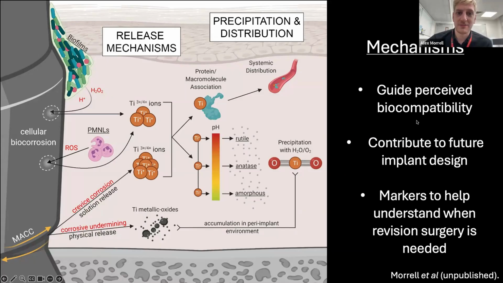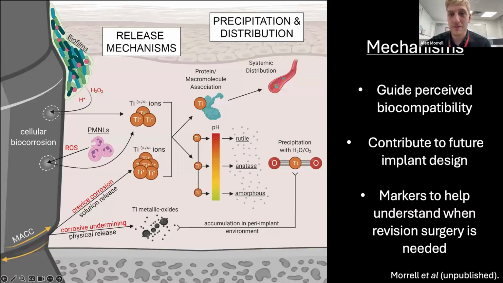So why is all of this important? One, it guides our perceived biocompatibility of implants, whether we should be putting these in patients or not. Hopefully, it can contribute to the design of the implant. For example, I've had cases where you have a lot more metal release from implants, and that's maybe because the implant surface has been changed, and maybe that's causing release of more particles, which might be eliciting a further immunological response.